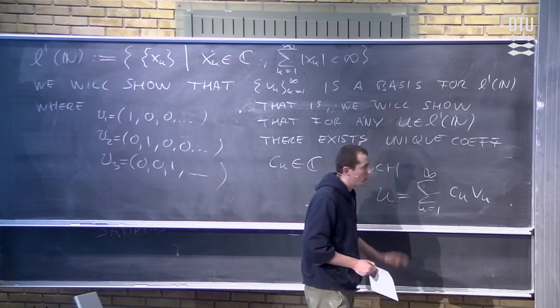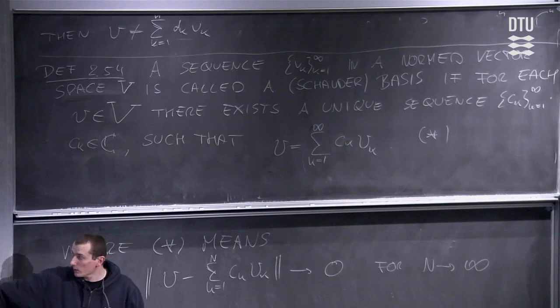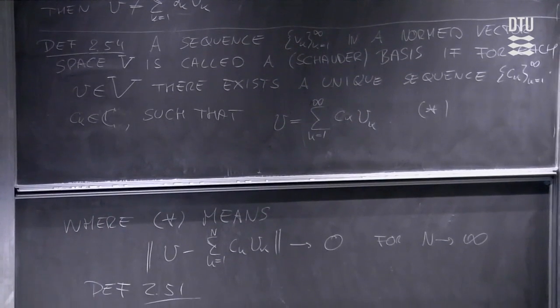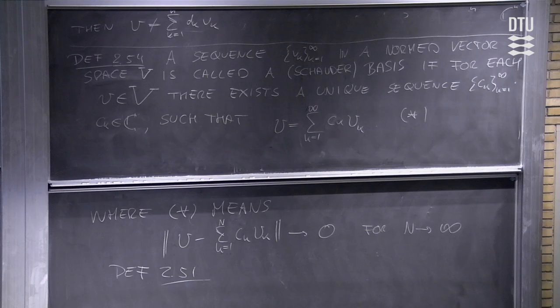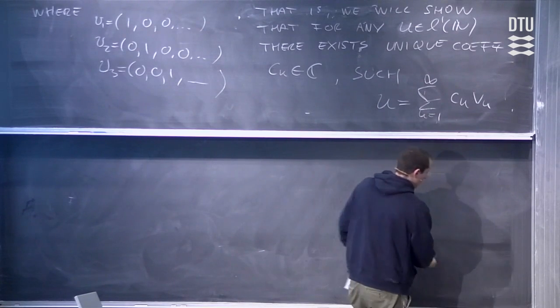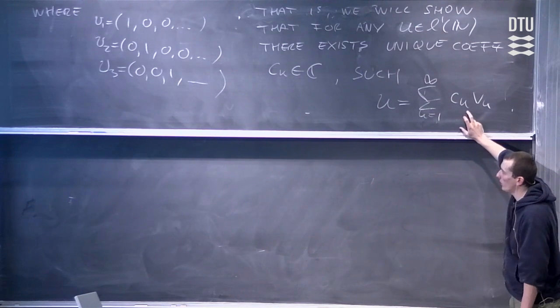Now, in writing this, of course, what I mean is the definition over here, right? So what we have to check for this equality is actually this. So let's do this. What do we have to show? We have to show that we can only choose these ck in one and only one way.